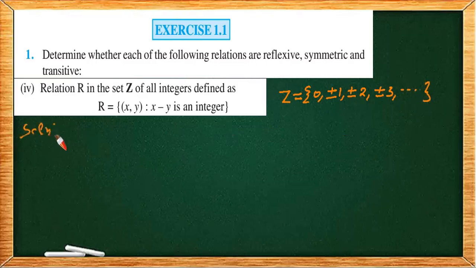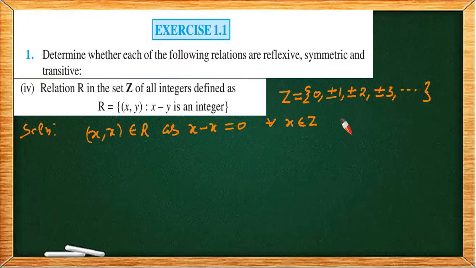Now, it is important to note that ordered pair (x, x) belongs to R as x minus x is equal to 0 for all x belonging to Z. It means if you take any integer and you subtract it from itself, the result will be 0, and 0 is an integer.